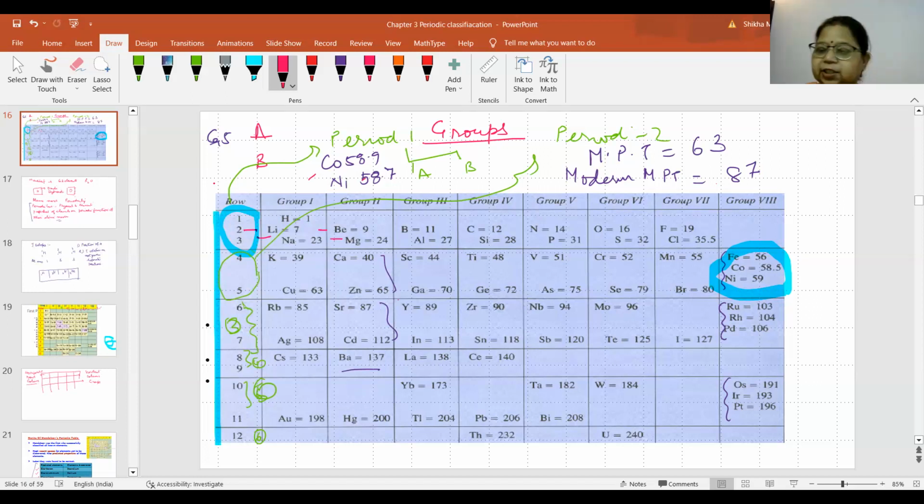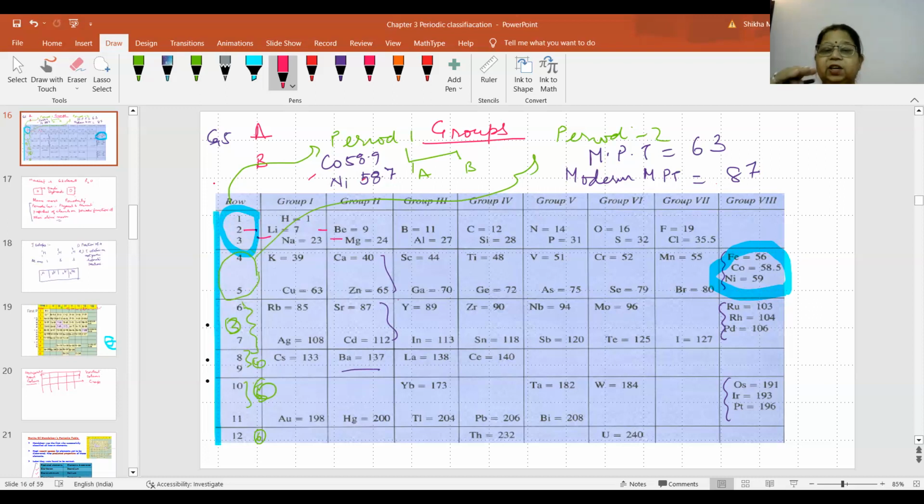Shweta and Ananya, I can hear it from Ritika, but not from Ananya. Yes, ma'am. So please note as the third point that he did not obey his own law. At certain places where he placed the element with the higher atomic mass before the element with the lower atomic mass, he reversed the order of increasing atomic masses.